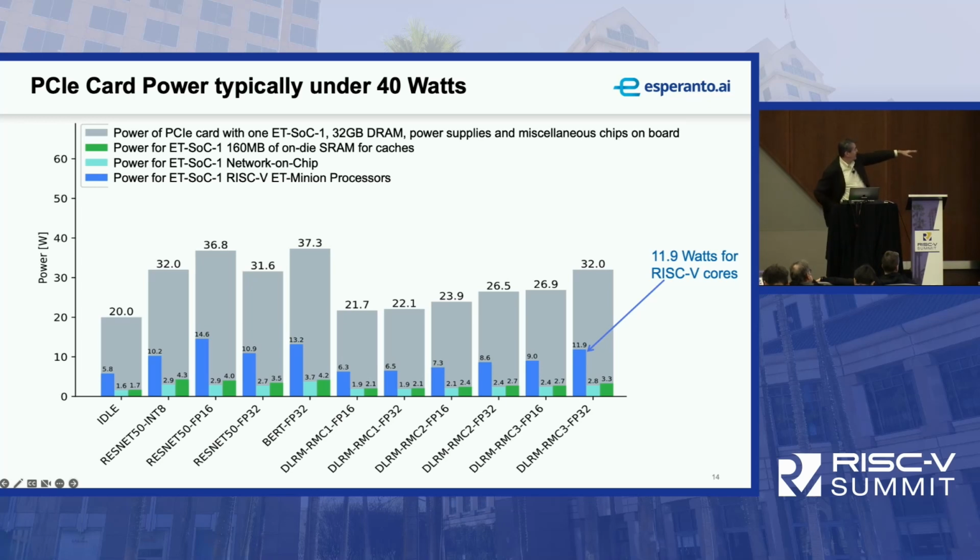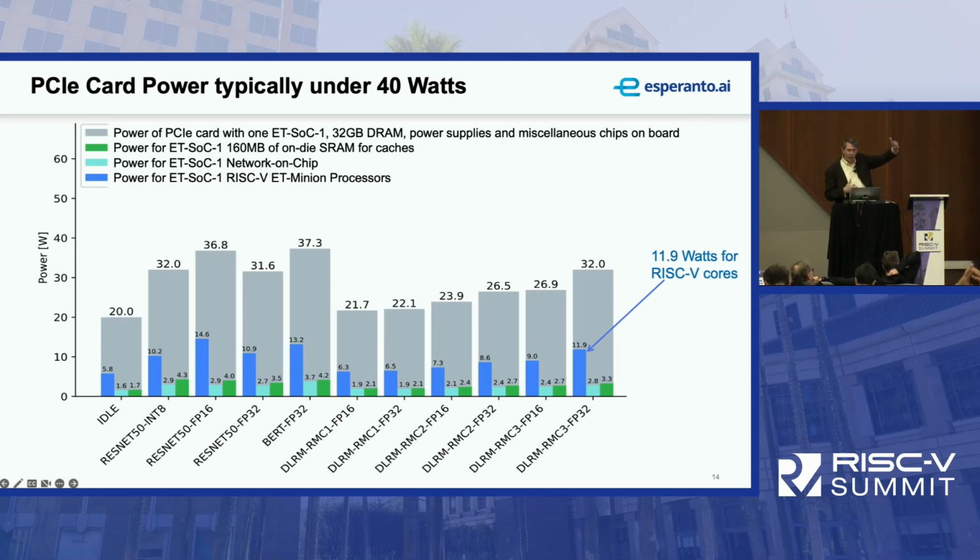And so you can see the power, for example, that the RISC-V cores take here in blue. And just as one example I've shown off to the right, if you're running the deep learning recommendation model from ML Commons, and you run the 32-bit floating point version of that, and one of the phases is called the RMC3 model there, the RISC-V CPUs are taking just a little less than 12 watts.